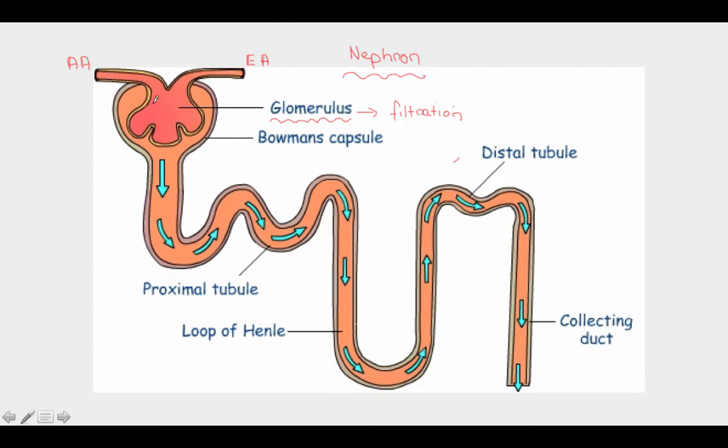And what happens is high hydrostatic pressure in this capillary tuft, the glomerulus, forces small molecules such as water, glucose, electrolytes, and urea through the capillary and into Bowman's capsule, which is the first part of the tubule. And the parts that get through are called the ultrafiltrate.